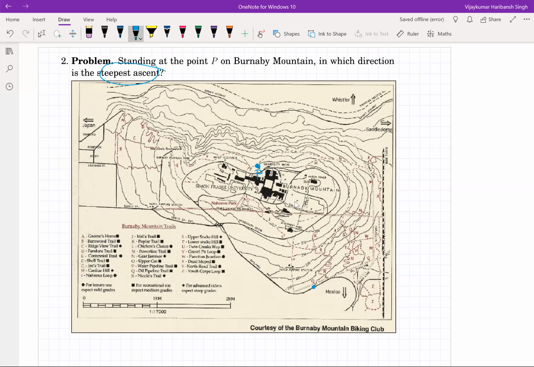So the directional derivative measures that, because it gives the rate of change in that direction. And these are the contour lines, which tell you the height at that point. When you're talking about the descent, it makes sense because you don't want to take the path of the steepest descent, you'll be toast, on the other side of the cliff.